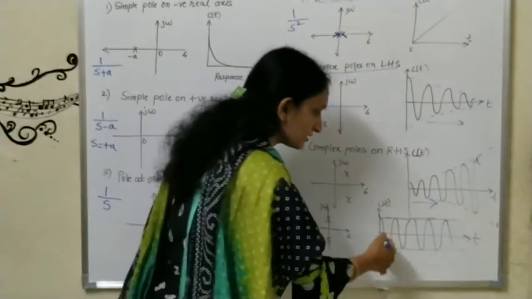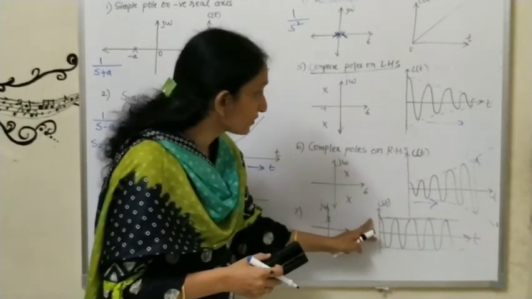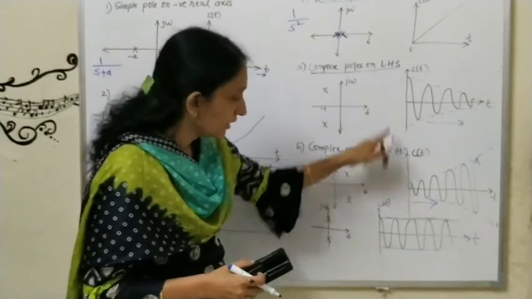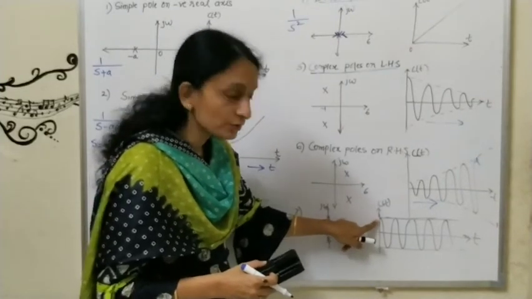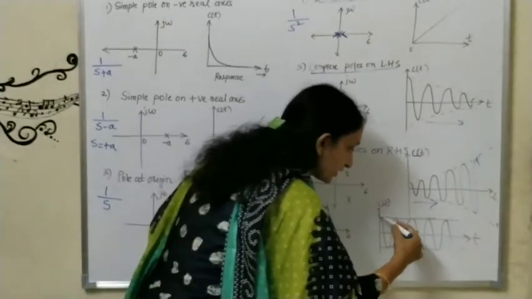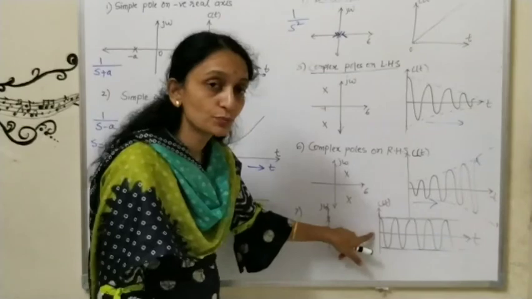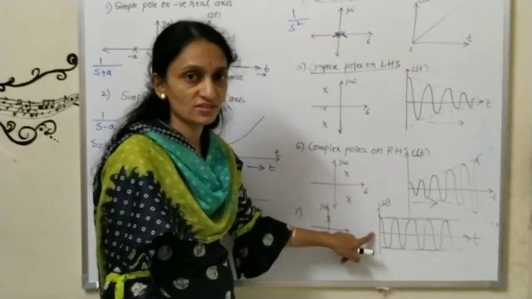Okay, look at this. This is the output response. This output response is different from the previous two. Here the output is neither increasing nor decreasing, but it is steady. Such type of output is called sustained oscillations.